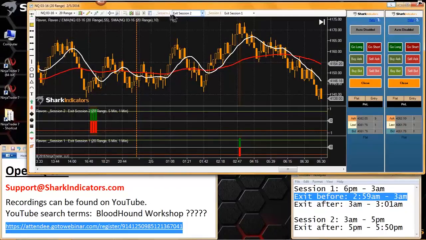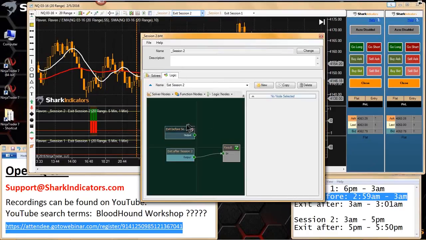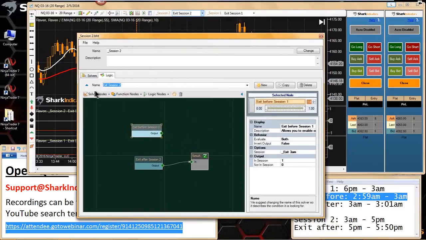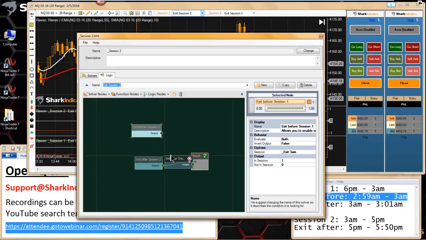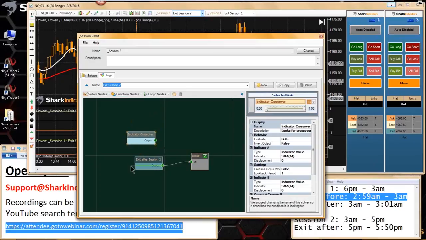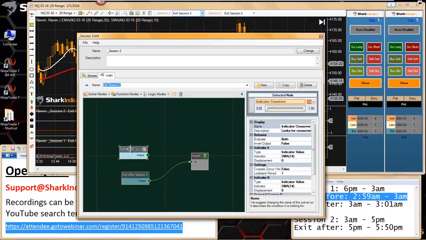So let's create something simple here. Let me just create a simple crossover here. This is our time-based exit, and this crossover is just going to represent exit conditions based on your indicators doing something.